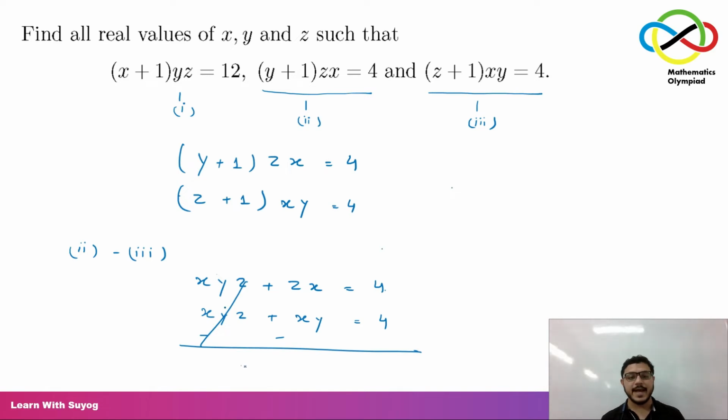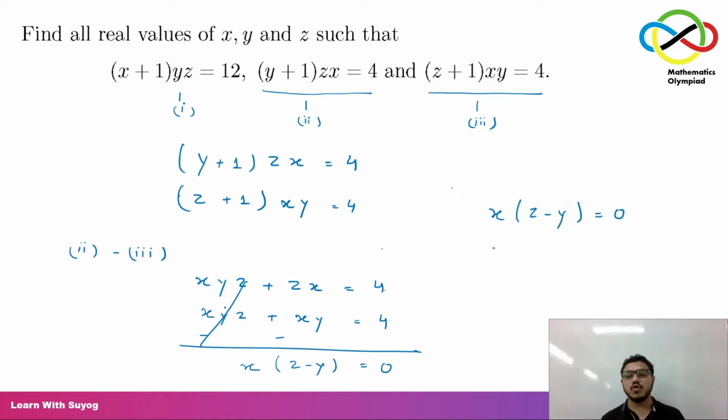We can take x common and get z minus y, and on the left hand side we get 0. So we get a very important result: x times (z - y) is equal to 0.